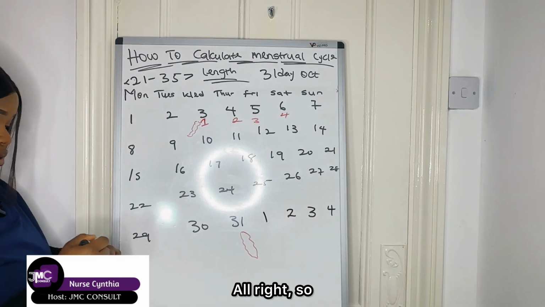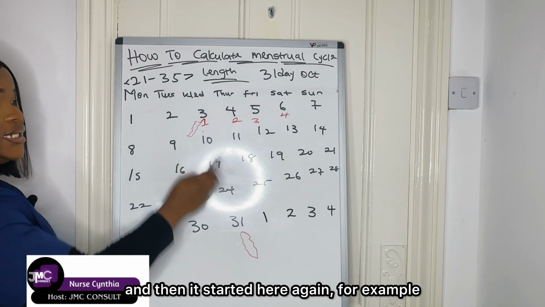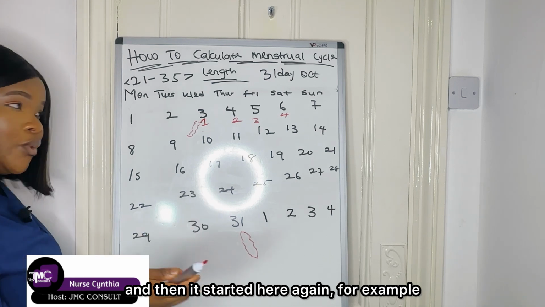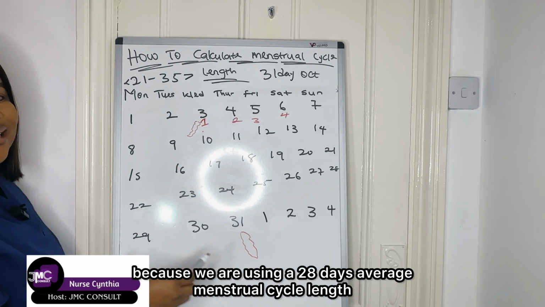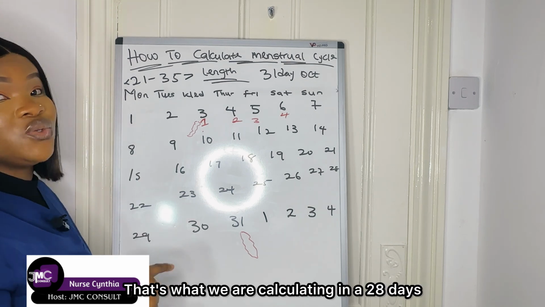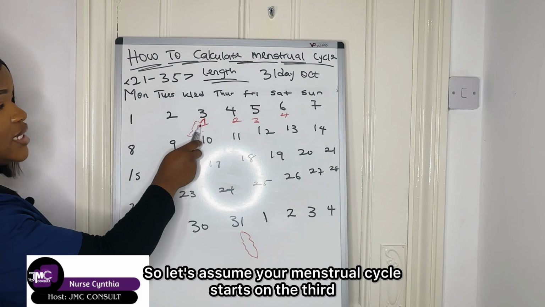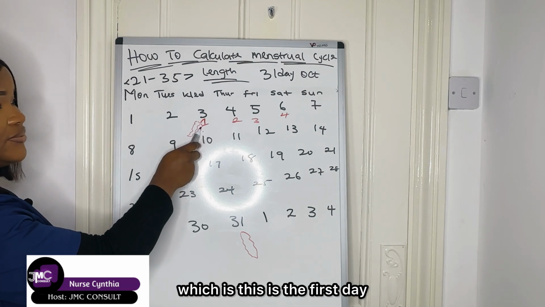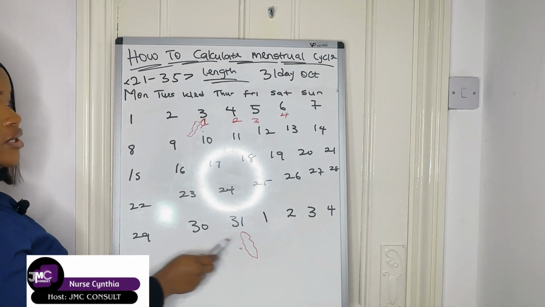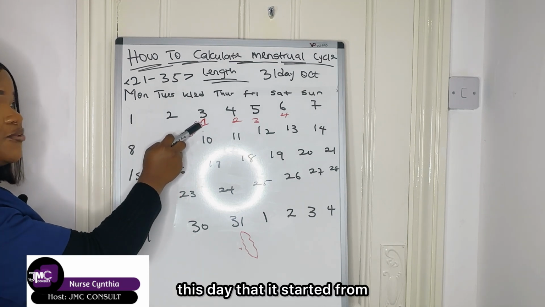All right, so when your menstrual cycle begins here and then starts here again, for example, because we are using a 28 days average menstrual cycle length, that's what we are calculating. So let's assume your menstrual cycle starts on the 3rd, which is the first day, and then it starts again here.